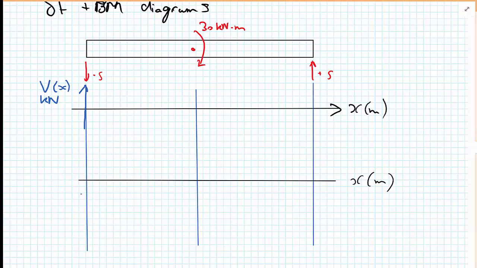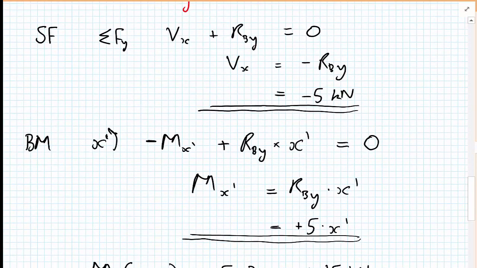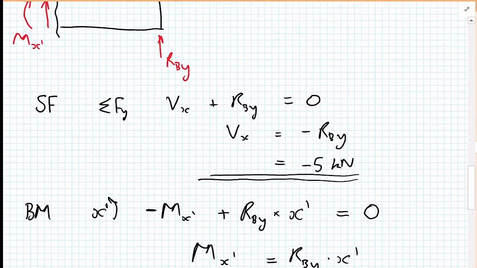And for the moment, as we've done for all the other problems, because we're choosing to draw bending moments on the tension face, we need to draw our axes pointing downwards, and the units are kilonewton meters.